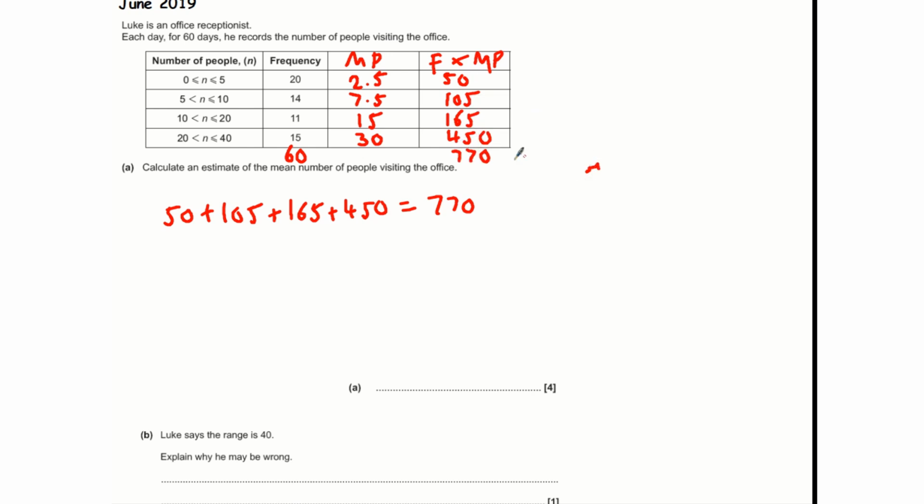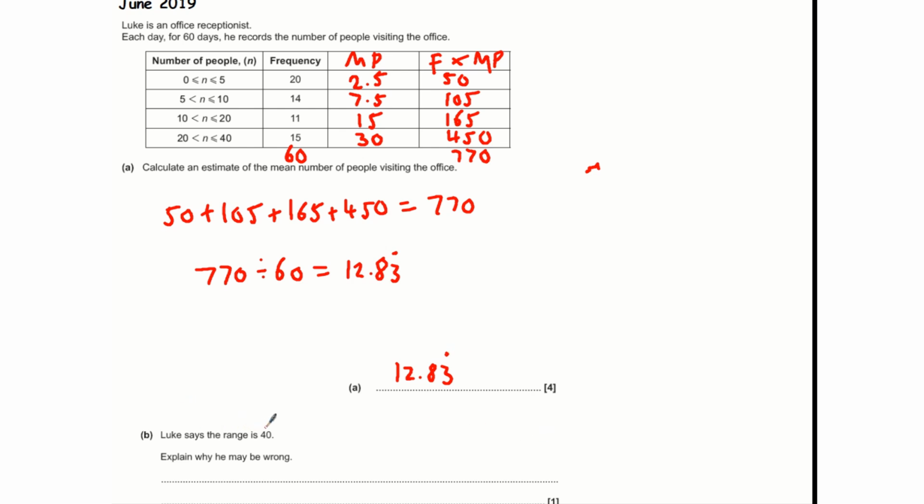And then we need to divide this by the amount of numbers that we have, which is 60. So 770 divided by 60 equals 12.83 recurring. So that would be our answer here.